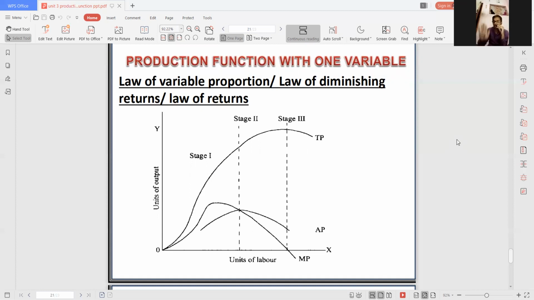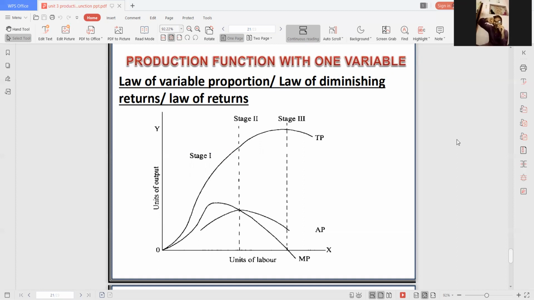We are keeping the capital constant, so look at the expansion of output on the y-axis. By increasing the labor from left to right on the x-axis, your production also goes in an upward direction continuously. Means your total production increases starting in stage one.